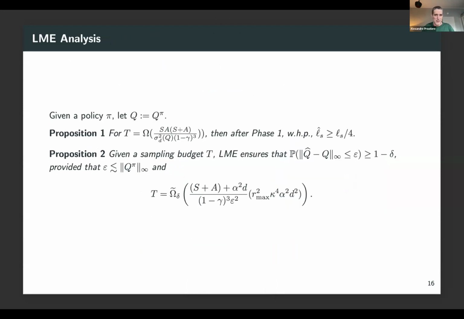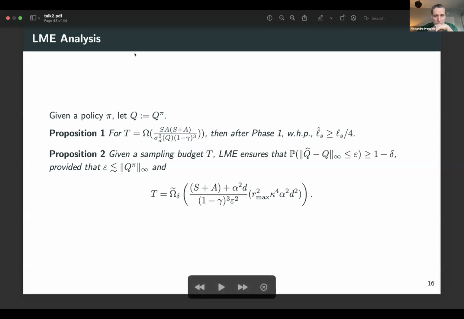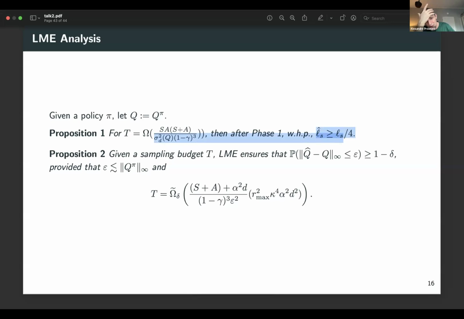Okay, so we have, of course, an analysis of the low-rank matrix estimation for any policy. We show that we estimate the leverage scores in a nice way, after this number of samples, we have this guarantee for the leverage scores.